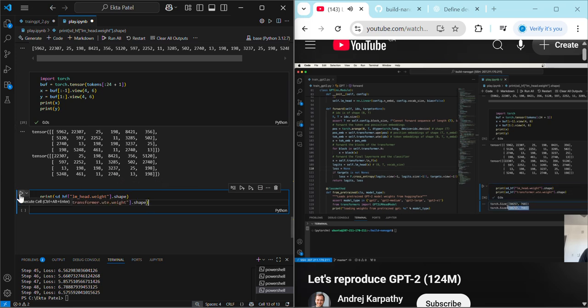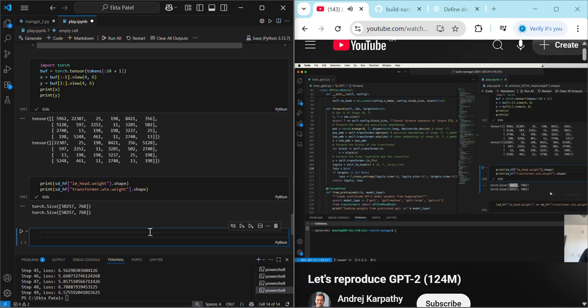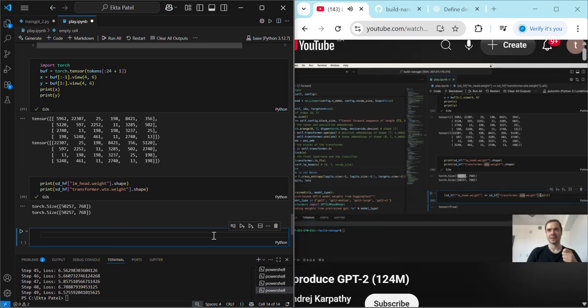This one here is giving us our token embeddings at the bottom, and this one here is taking the 768 channels of the transformer and trying to upscale that to 50,257 to get the logits for the next token. So they're both the same shape, but more than that, if you look at comparing their elements, in PyTorch, this is an element-wise equality, so then we use .all, and we see that every single element is identical.